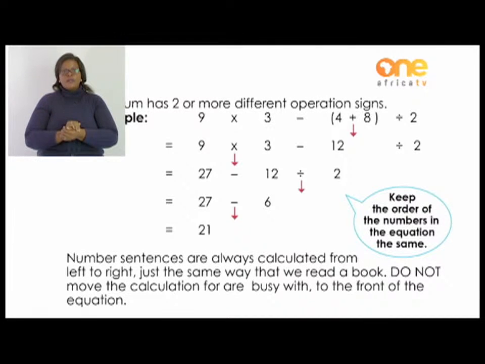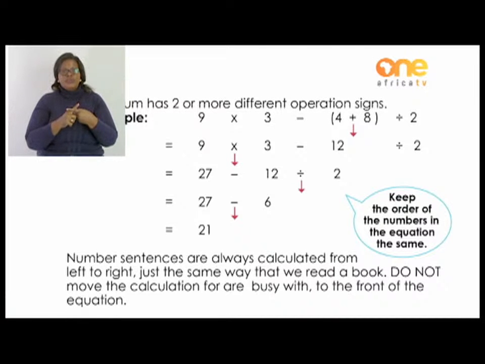According to BODMAS, brackets, of, there is no of in that operation, so we continue, and so it will be division or multiplication. We do it from left to right. The order stays from left to right. So in this sum, the first operation that we will find there is multiplication.